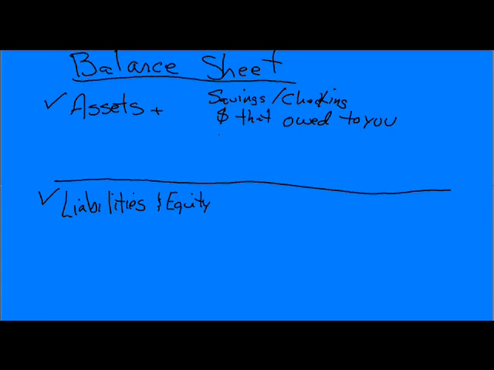Could be a car. Let's say you had a car that was paid for. For instance, that car was worth, say, $7,000. So that dollar amount would be an asset for your car. Okay, jewelry collection, money collection, whatever. All those kinds of things add up.